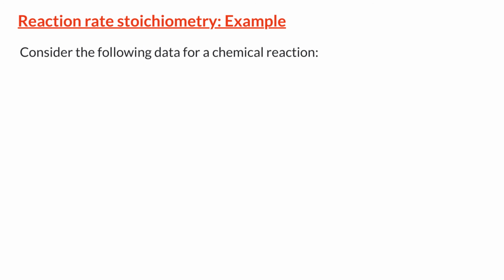From these three equations, we can write 2 times minus delta concentration A over delta t is equal to minus delta concentration B over delta t is equal to delta concentration C over delta t.